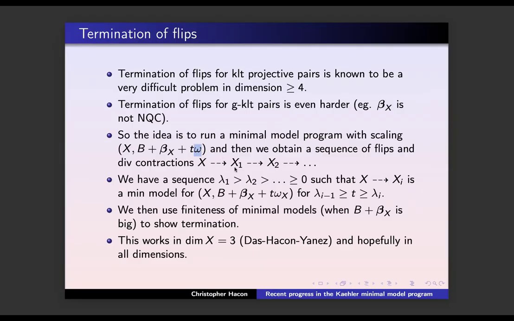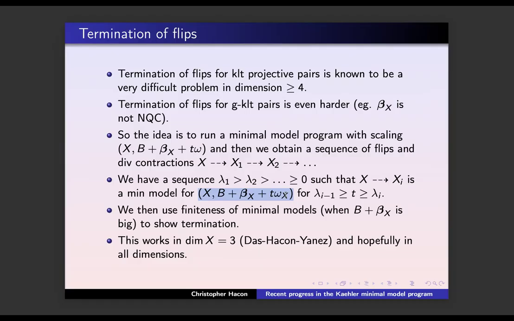The advantage of doing things in this way is that we obtain a sequence of minimal models for pairs of the form (X, B plus beta plus t omega). So this is sort of the analog of the minimal model program with scaling in the projective setting.